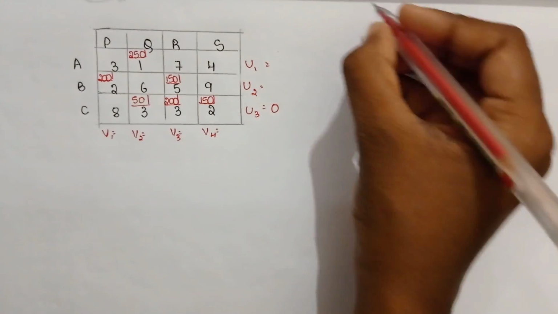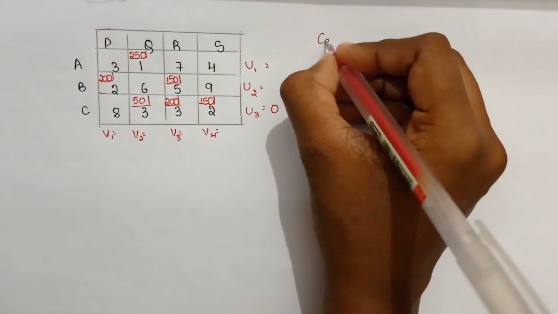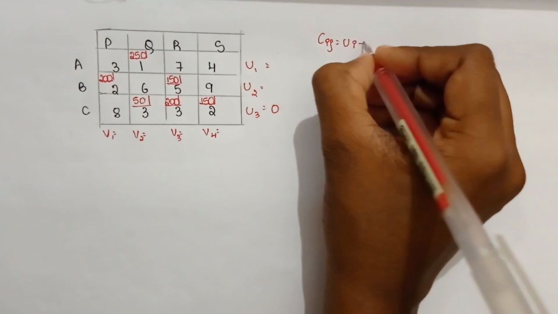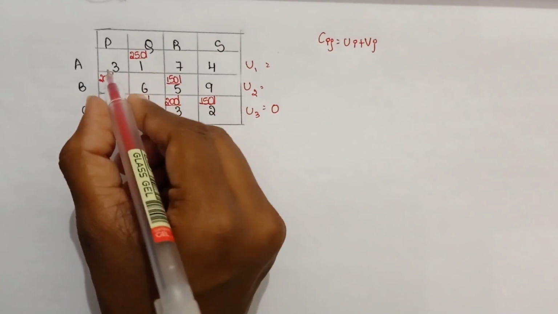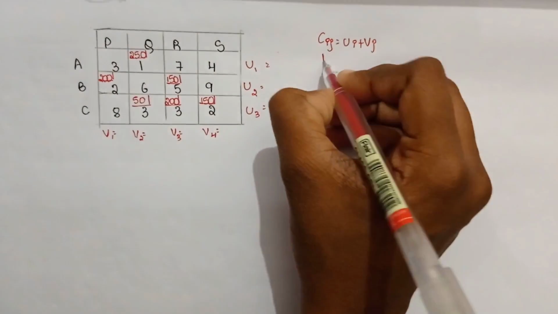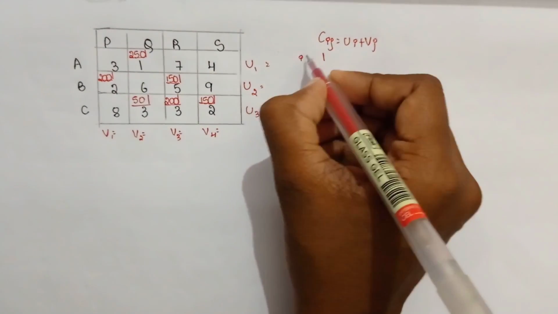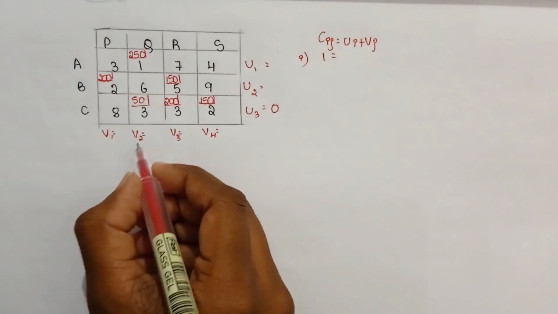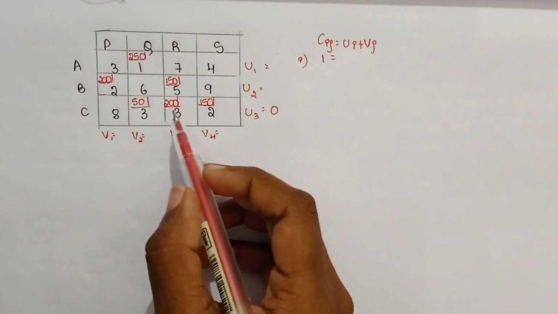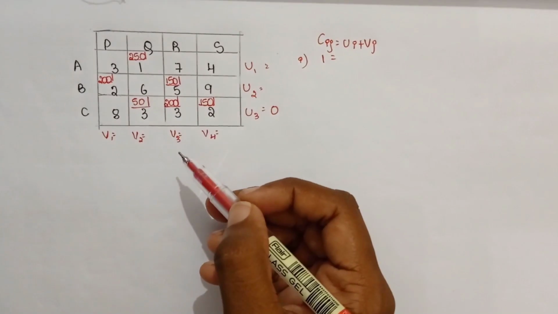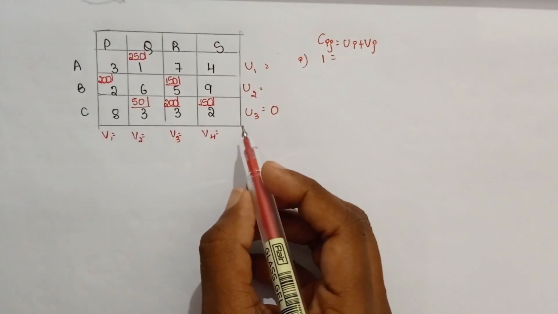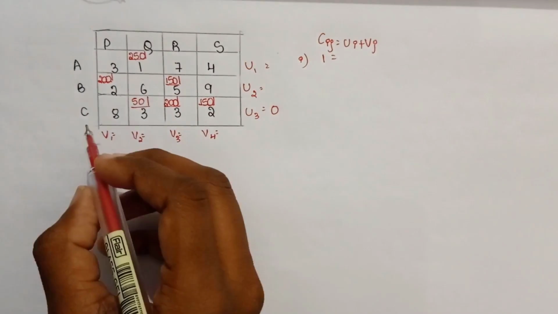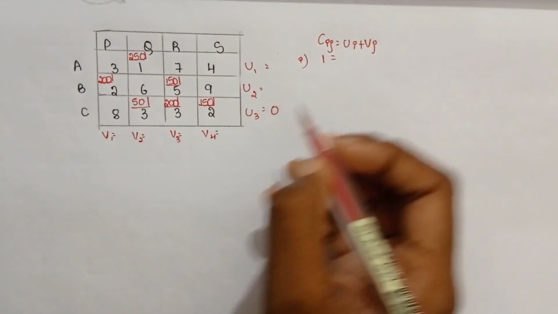Now we use the formula Cij equals Ui plus Vj. In the first row, the occupied cell is 1, so the Cij value is 1. So 1 equals, the U value is not yet known. For the second row also, we don't have u and v values, but when we consider the third row, we have the u value. So let me take the allotment of this table first.